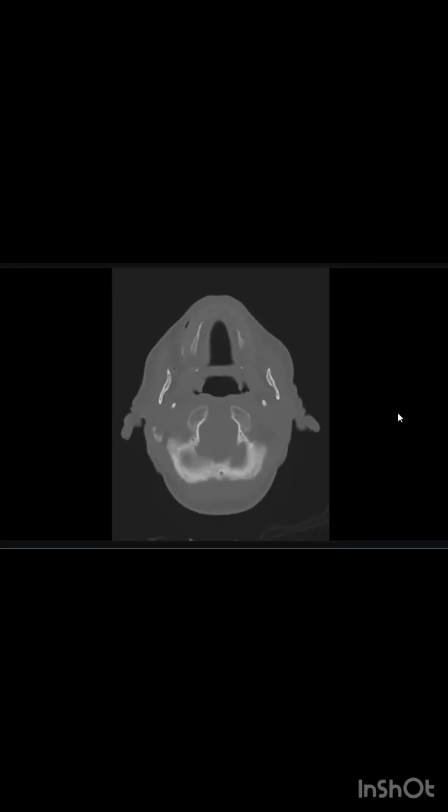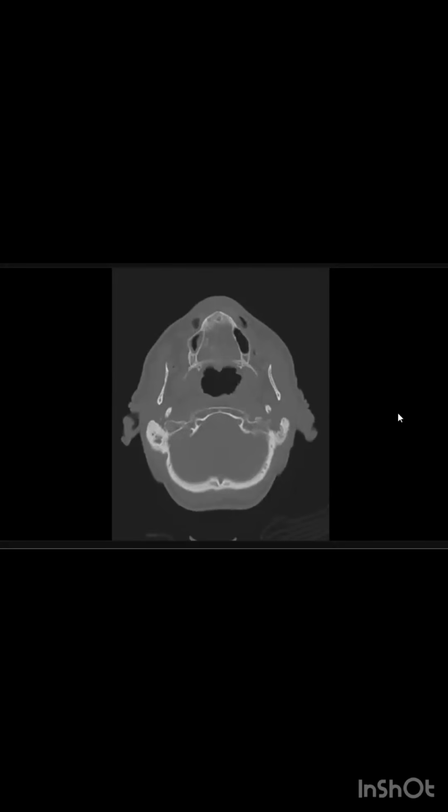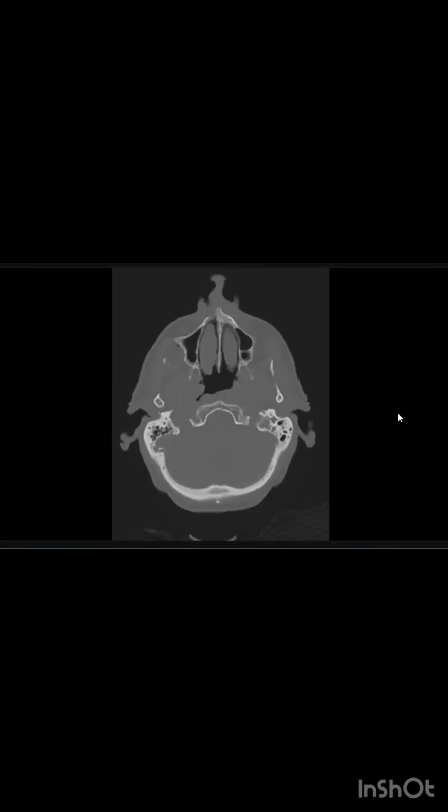In this there is a lag in the scrolling. Take your time. In these axial bone window images, I am scrolling in the area of the orbit and the PNS. I'm moving downwards towards the area of concern.